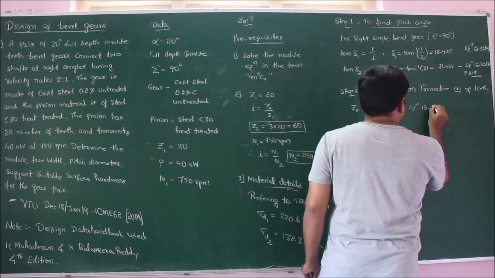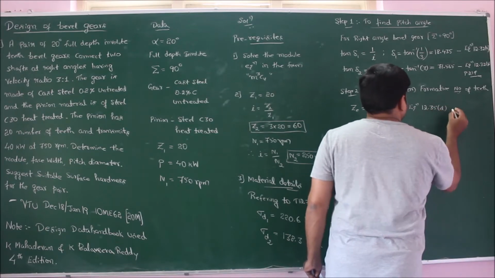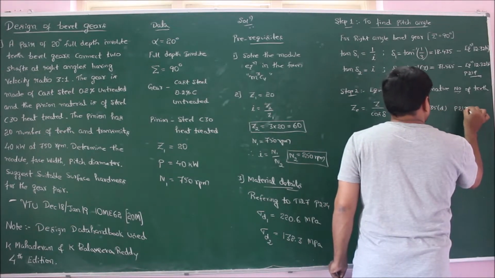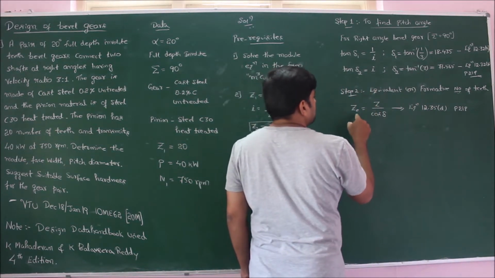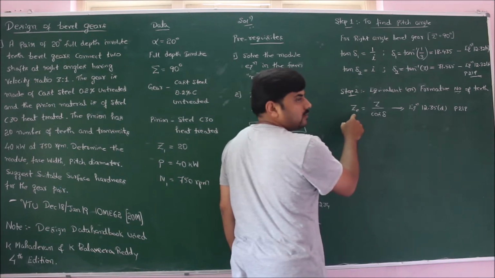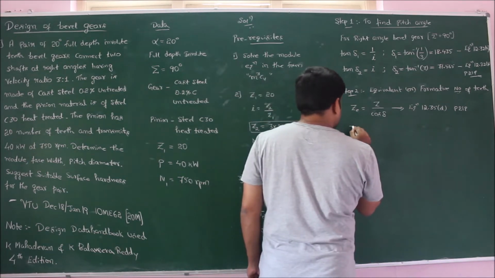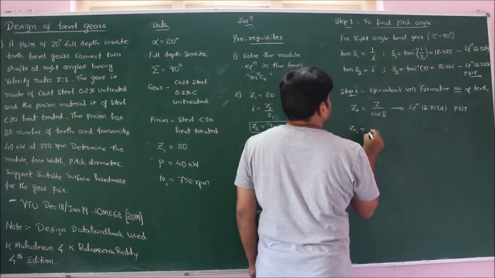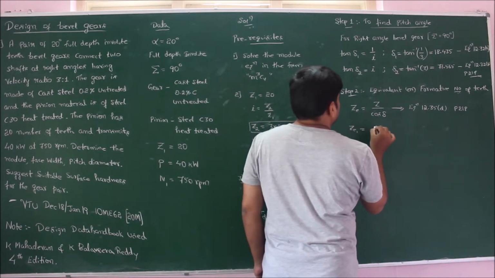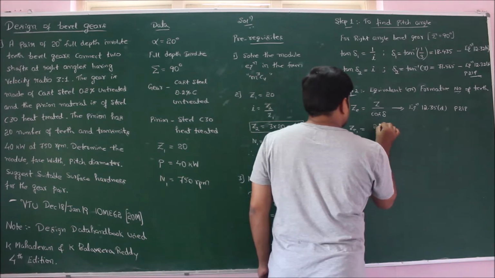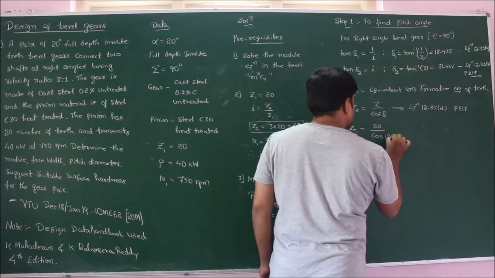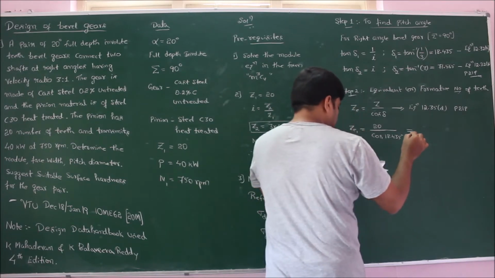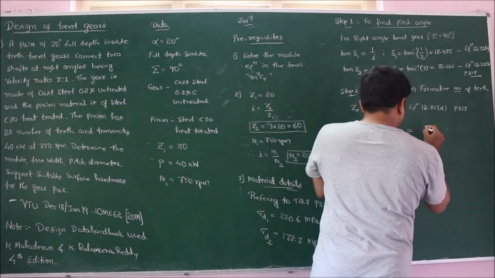Now substituting the corresponding values, I can calculate Z equivalent of pinion and Z equivalent of gear. Z equivalent 1 is equal to the number of teeth on pinion, 20, divided by cos of the pitch cone angle of pinion, 18.435 degrees. If I solve, I will get the equivalent number of teeth as 21.082.